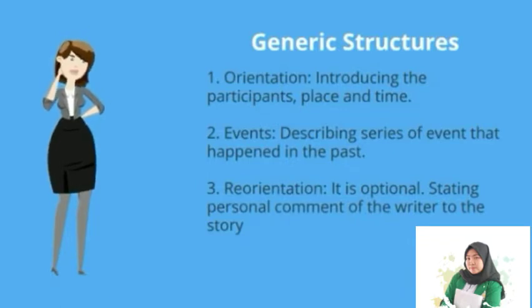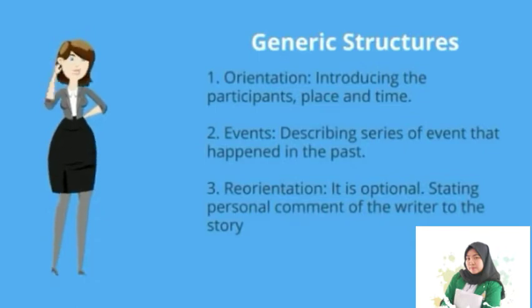And next, there is event, describing a series of events that happened in the past. It means that the story happened in the past. For example, when you were a child, when in your junior high school, or the other example.